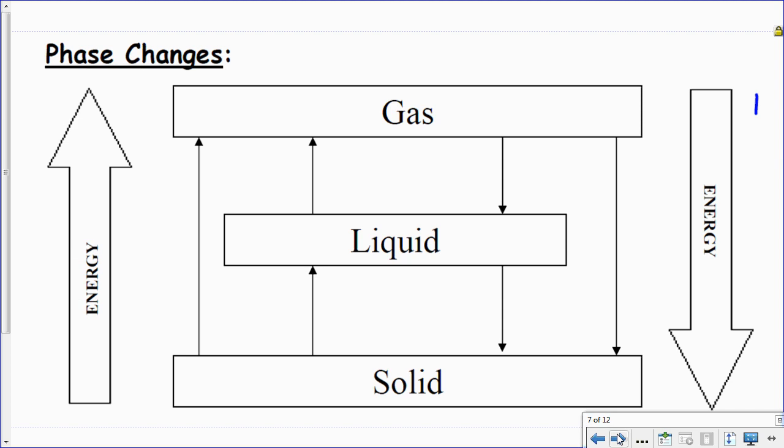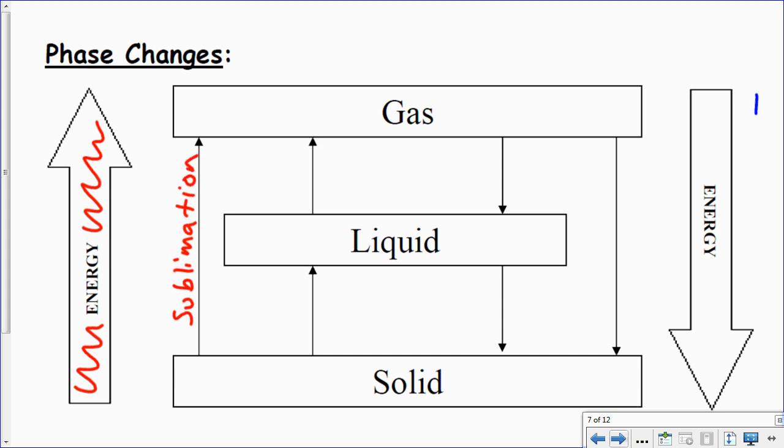Phase changes. And now throw in some energy. So as energy increases, that's going to be linked to certain phase changes. So all these up arrows are going to be linked. So if I go from solid to gas, we call that sublimation. Right?